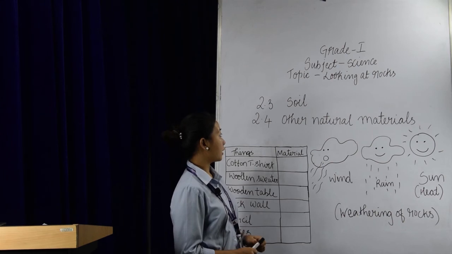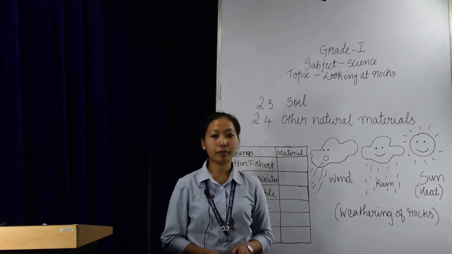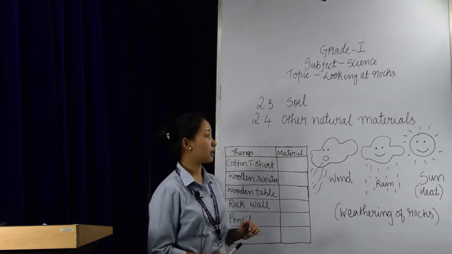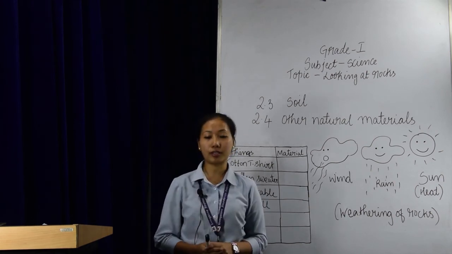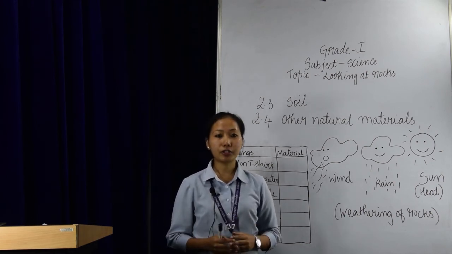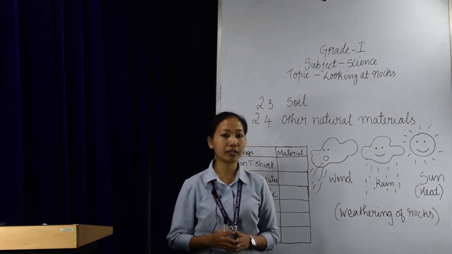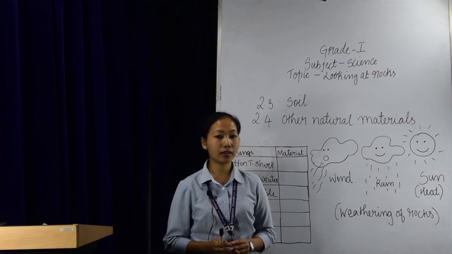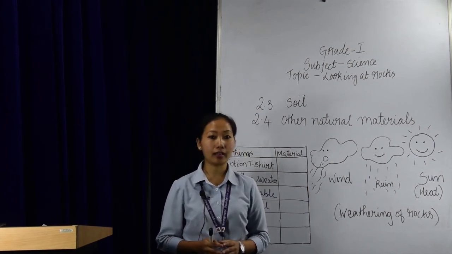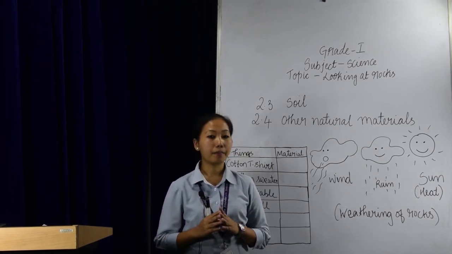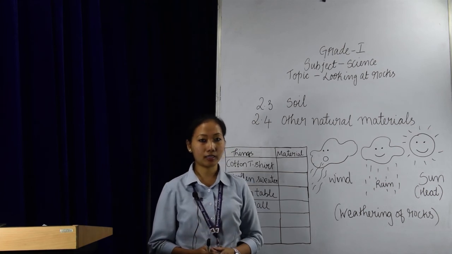The next topic is other natural materials. Our next subtopic is other natural materials. Materials that are found in nature are called natural materials, whereas materials that are made by man are called man-made materials.